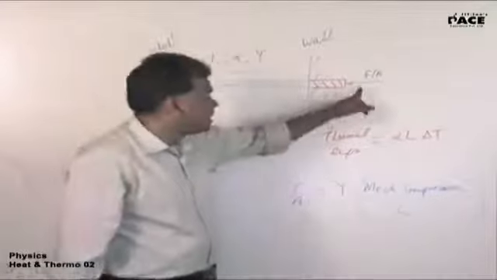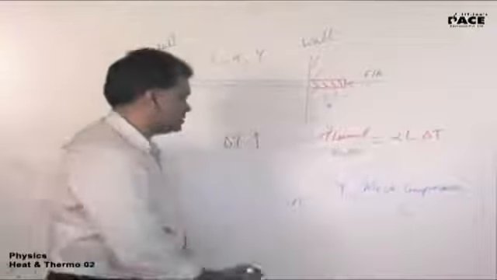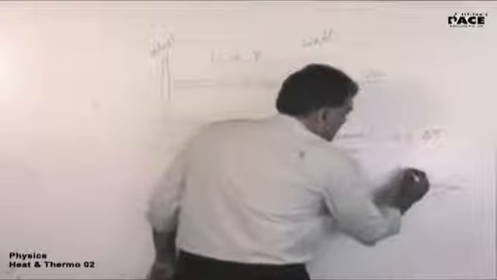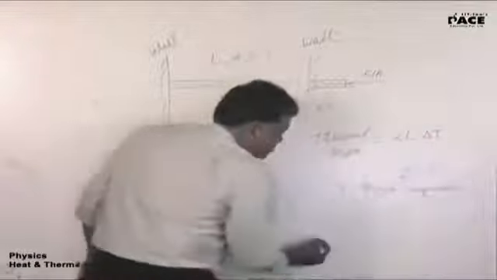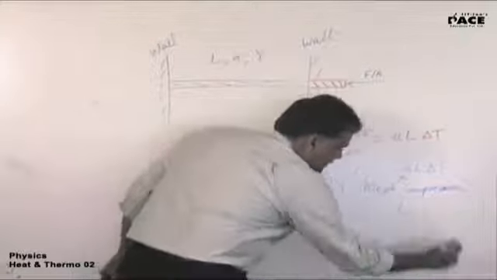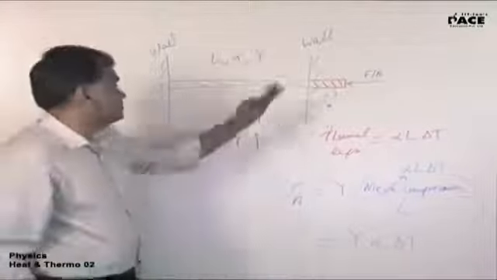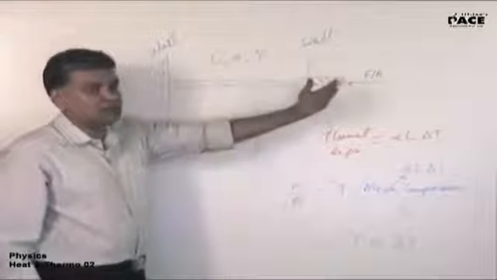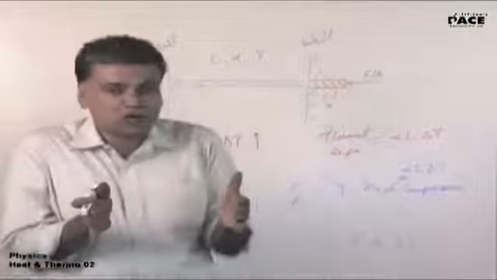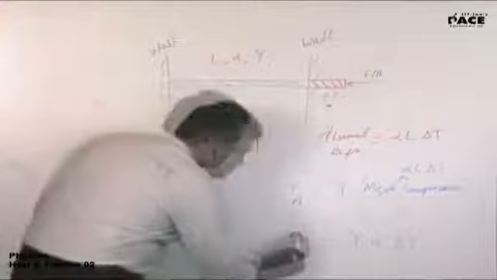But according to this, mechanical compression is equal to thermal expansion. So this becomes alpha L delta T. So this stress equals Y alpha delta T. This stress, you don't see any visible force here. It is only that the rod was trying to expand and the wall says no, you cannot do so. This stress is called as thermal stress.